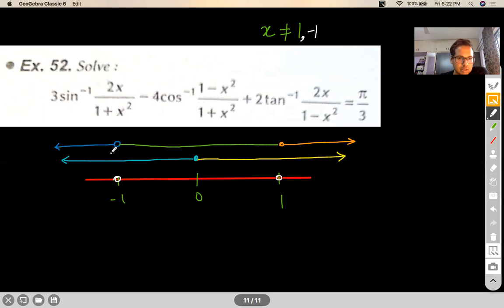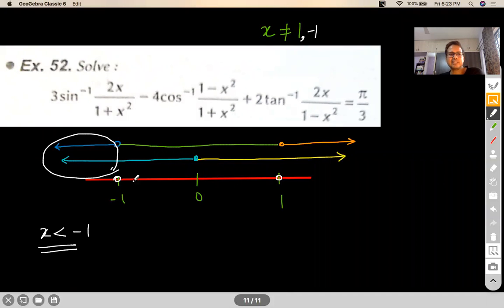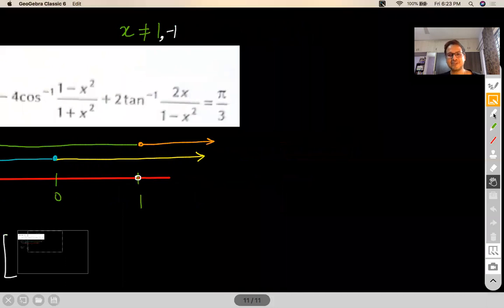So we have got these zones, the less than -1 zone. First of all, x is less than -1. When x is less than -1, what answer does sine inverse 2x by 1 plus x squared give you in terms of tan inverse? Let's write that down.